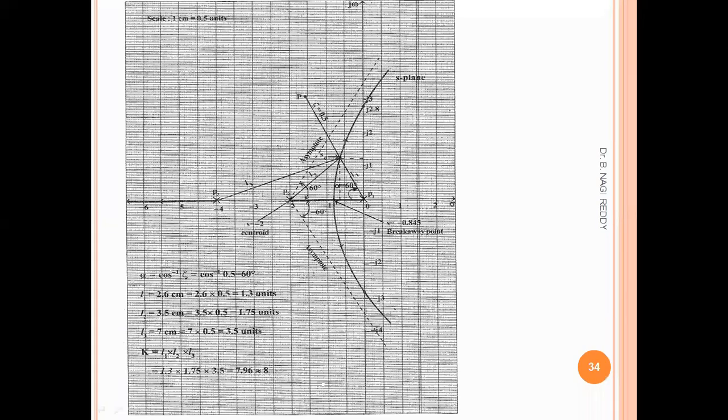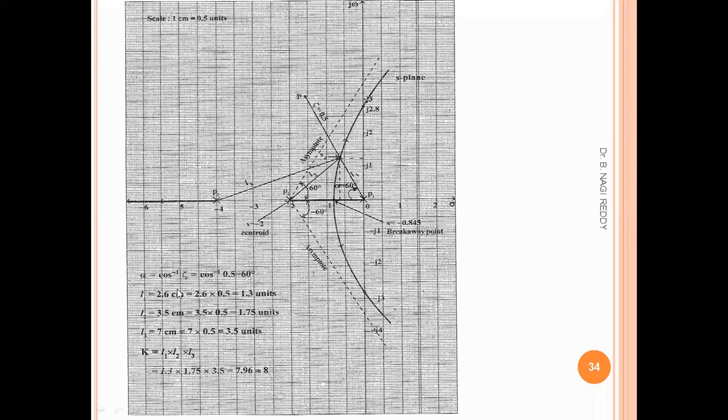Here in this graph sheet, the scale has been taken as 0.5 units per 1 centimeter. That means one box is 0.5. But in our graph sheet, we can take a box as 1 centimeter. If you take the scale as 1 centimeter to 1 unit, each box is 1, 2, 3 like that.